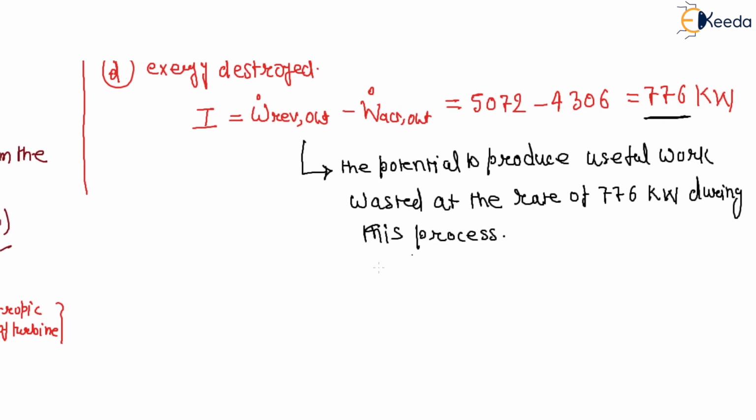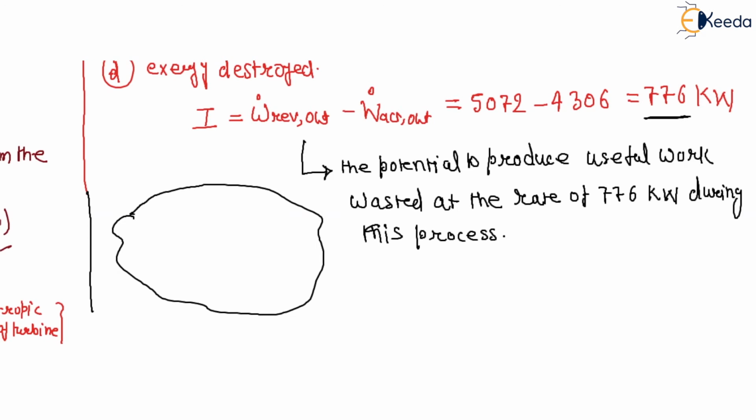So note also, we can calculate the exergy destroyed like that. If you have exergy destroyed, we know that I is equal to T naught S generation, and you have delta S equal to integration dQ by T plus S generation.